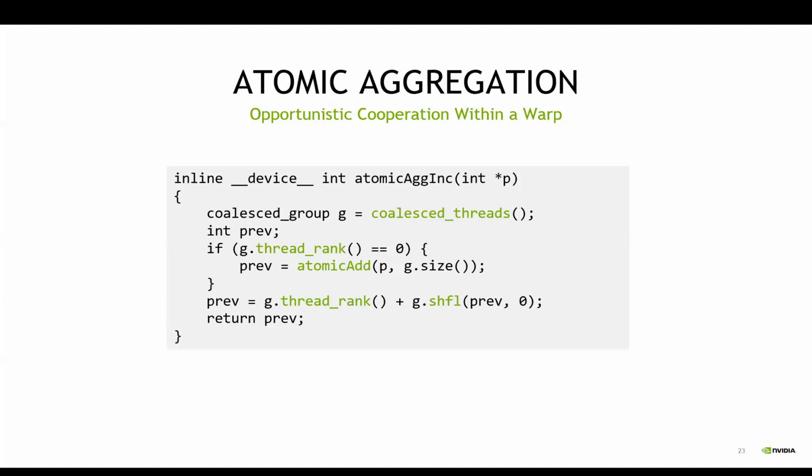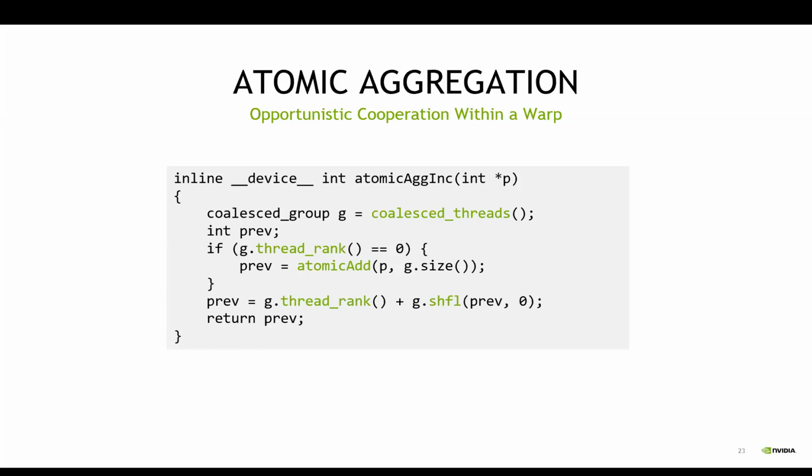previously we might have talked about threads in a warp, but let's remove ourselves from that notion and now talk about a coalesced group. If I have a set of threads that are executing together, then maybe what I could do is have those threads communicate with each other so that we know what level of atomic activity needs to happen, and then just have a single thread do the atomic. Wouldn't that be cool?